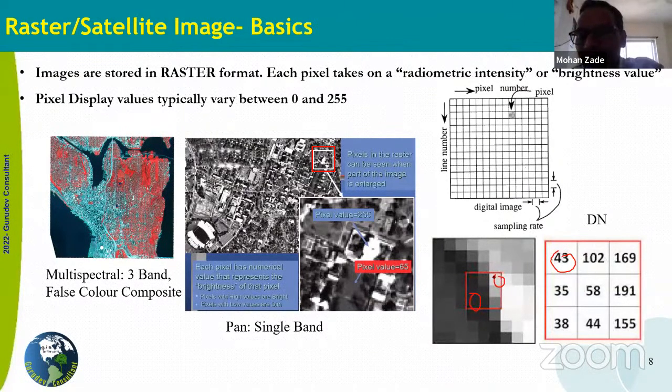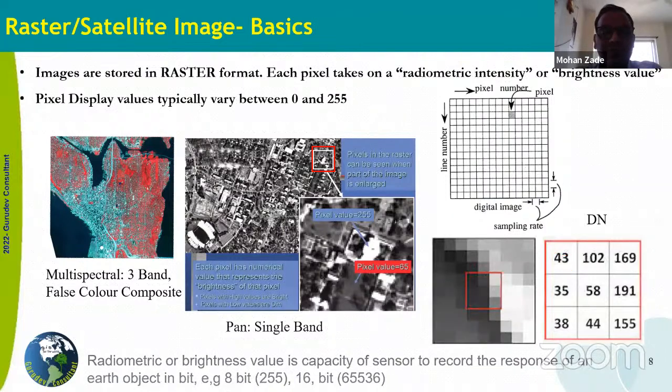So at this place in this box, whatever the earth features that are there, they reflected more energy compared to these objects. We'll see those things in the next few slides.